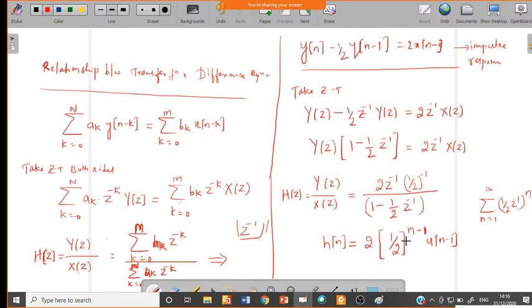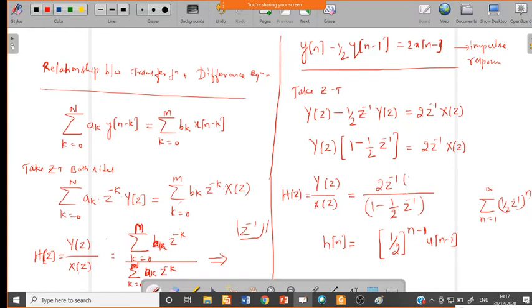Then you have to multiply by half power 1 and half power minus 1. So this 2 and this 2 will get cancelled, and you will get just half power n minus 1 into u of n minus 1. Sorry, this 4 you will get. Here you can multiply and divide by half.